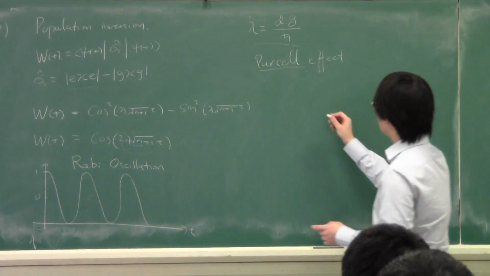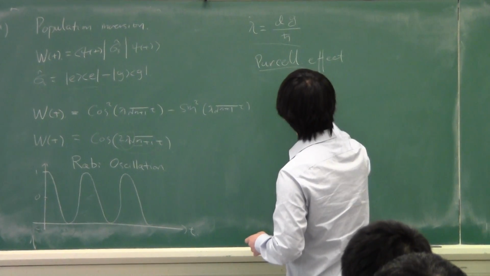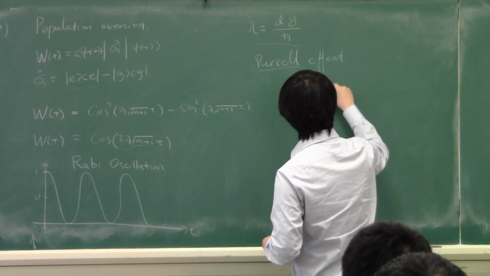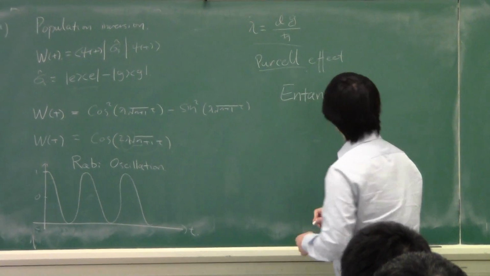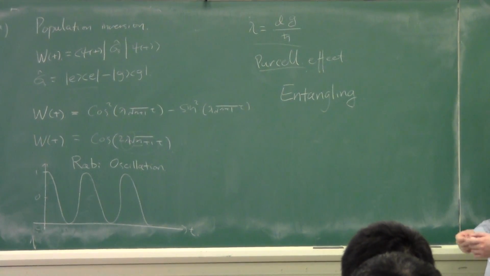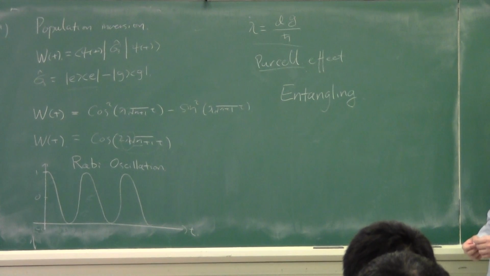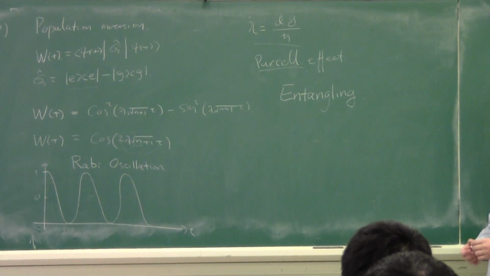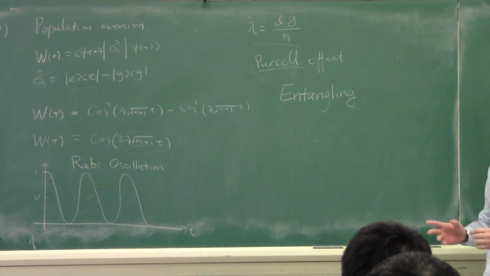so now we move on to entanglement. You've seen entangling in the context of spin systems. But in fact, entangling just means you have two particles or two degrees of freedom that are not separable.